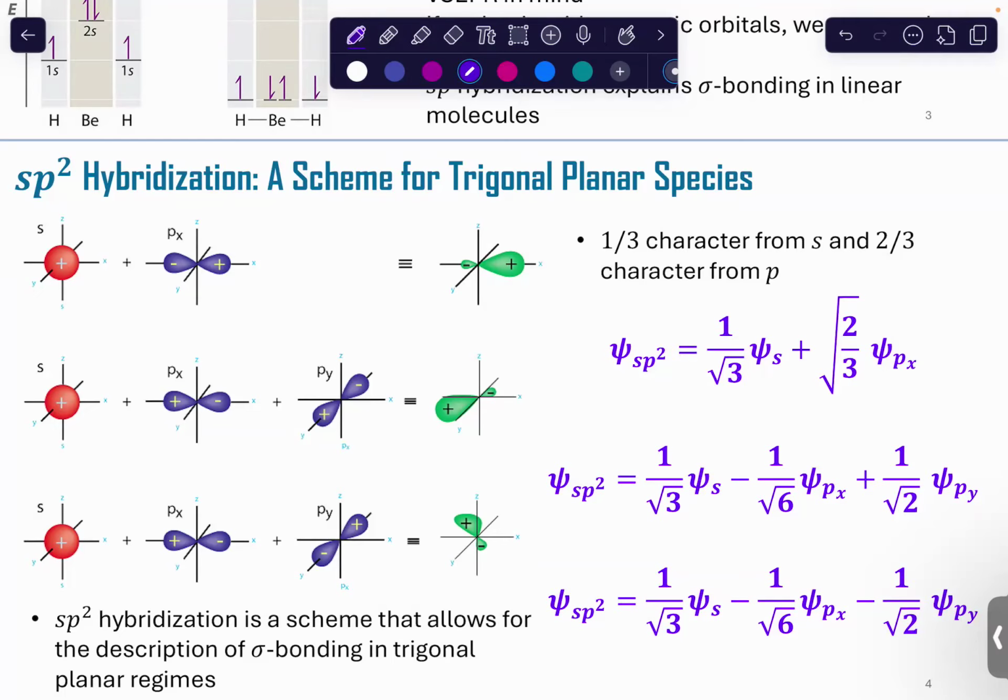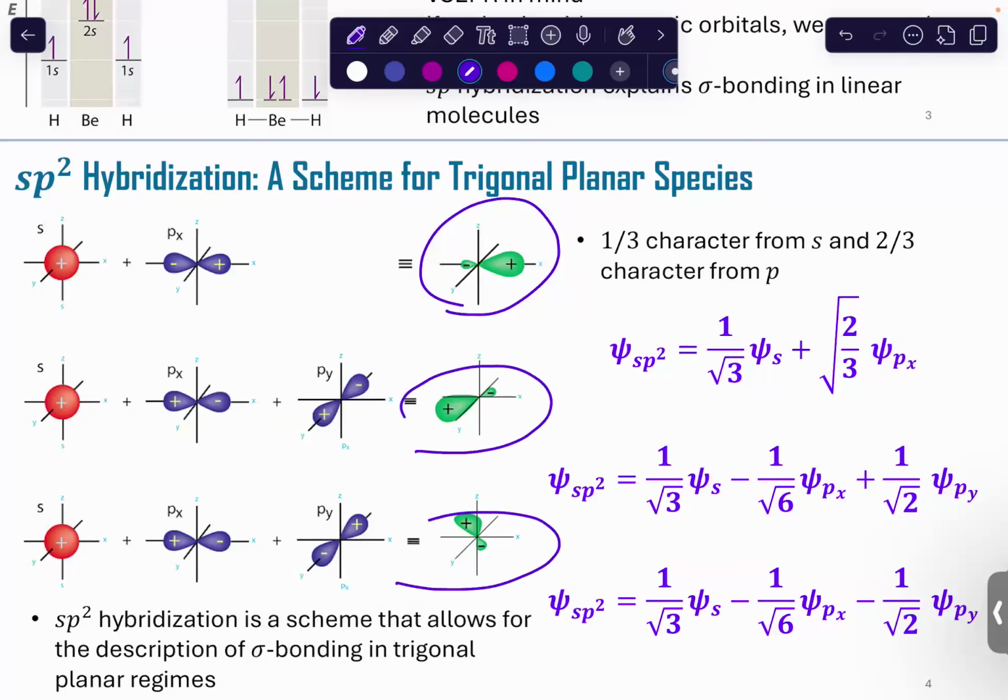But that right there, that sp2 orbital lies right along the x-axis. You see that at the top? So right there, that lies right along the x-axis. So we don't have to take account of, like, xy components. These down here, these start to take account of xy components.